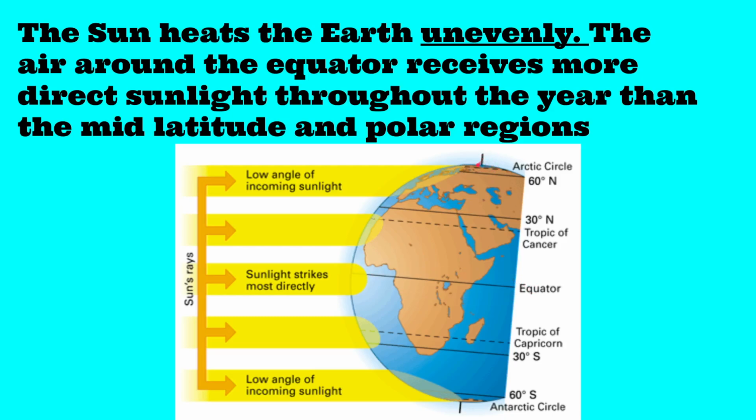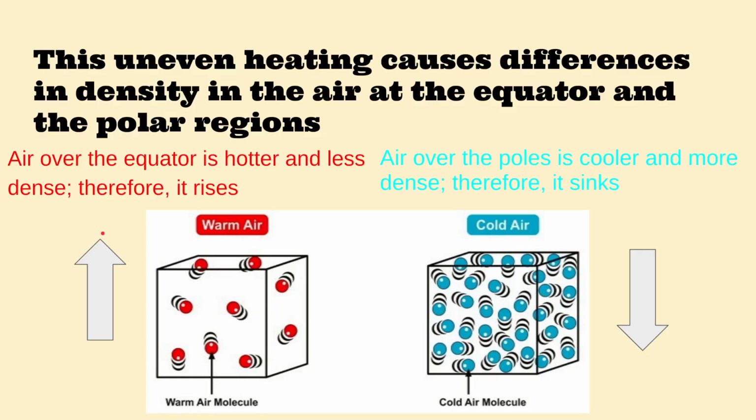If you think about it, the further away you are from the equator, the colder it usually gets, okay? So this uneven heating causes what we call a difference in density. Don't forget, when something is more dense, it's going to tend to sink. When something is less dense, it's going to tend to rise.